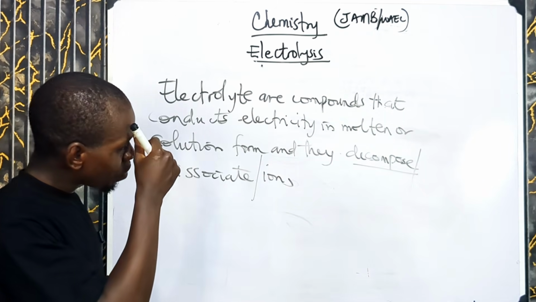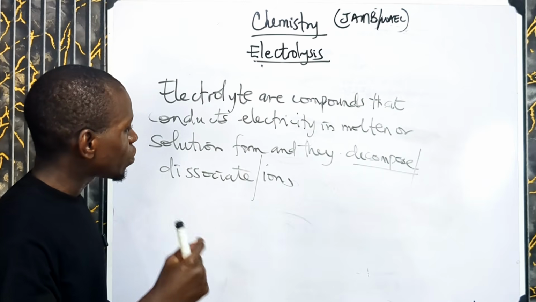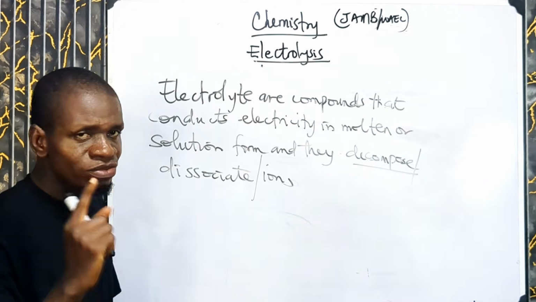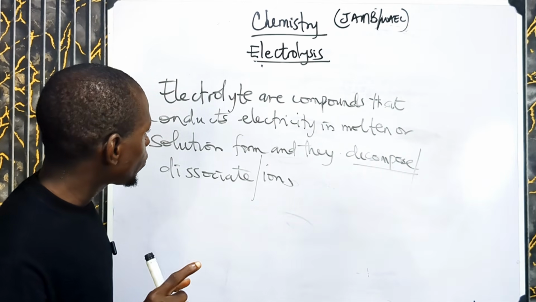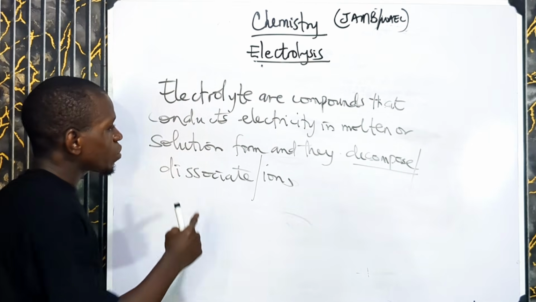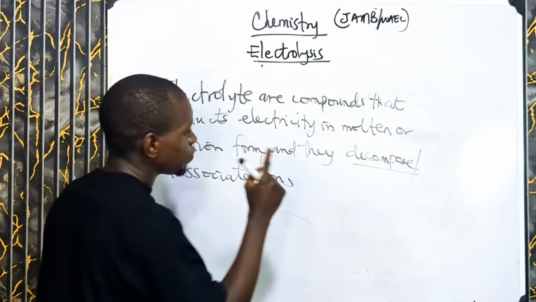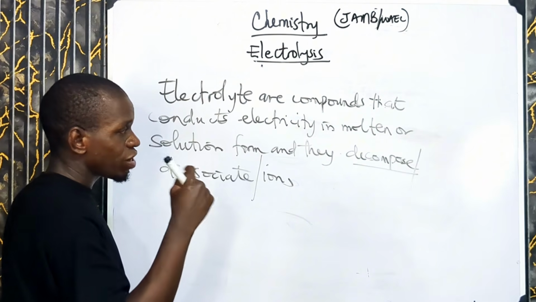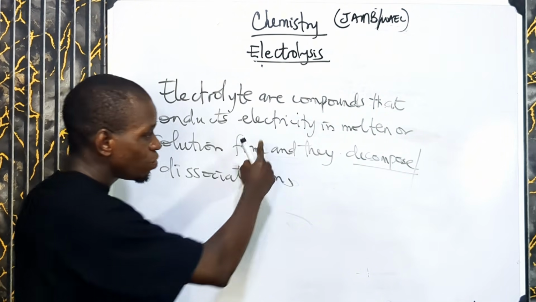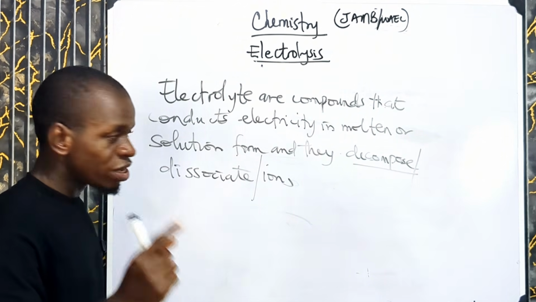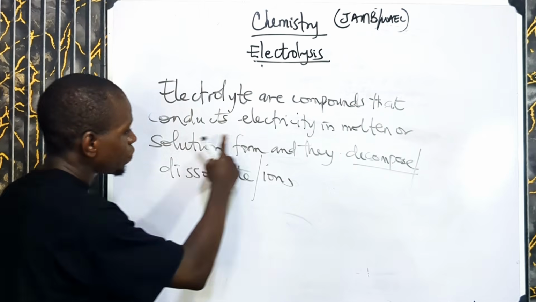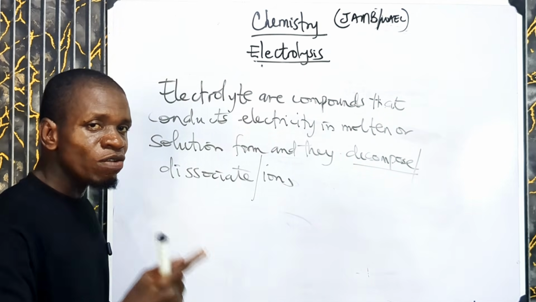Now, this compound that conducts electricity, let me ask you one question. If the electrolyte is in molten state, conduction of its electricity is by means of what?